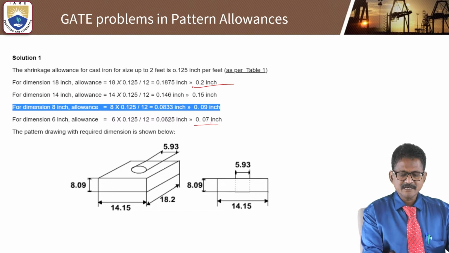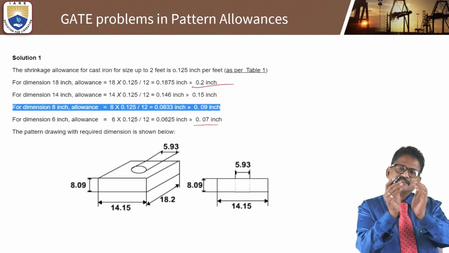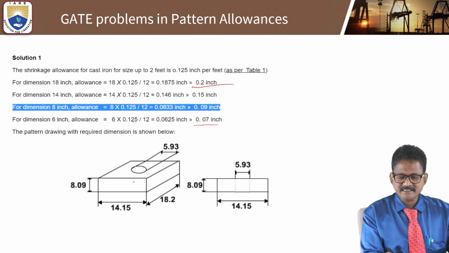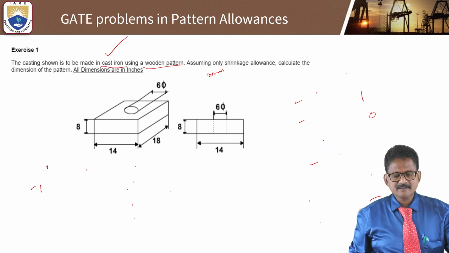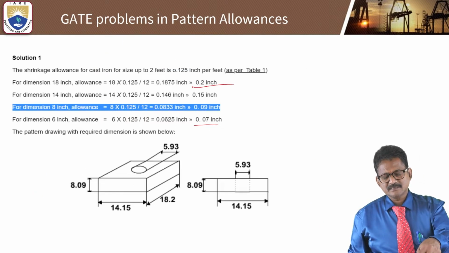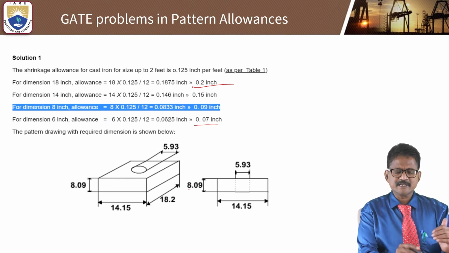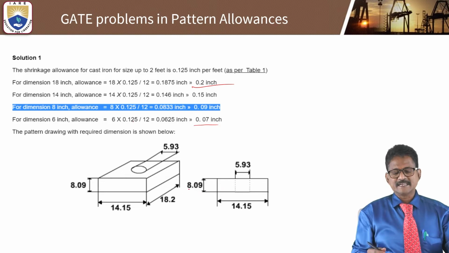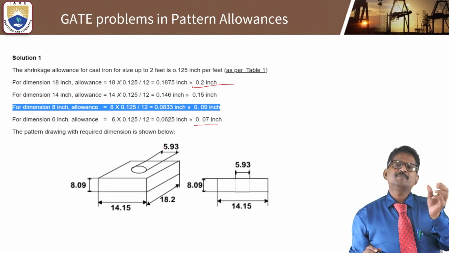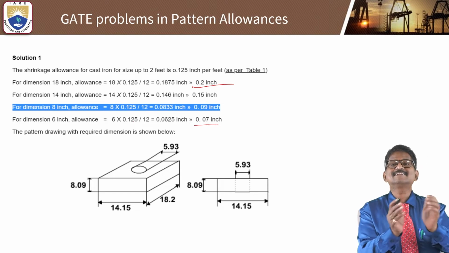For the circular hole you have to deduct, then only can you achieve exactly 6. Otherwise, if you put 6, it will shrink and come down. External dimensions you add, internal dimensions you deduct. For 6, if you make it 5.93, plus the 0.07 shrinkage, you will get exactly 6.